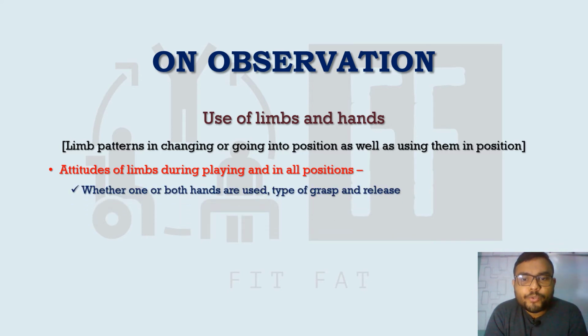Here you need to note whether the child is using one hand or both hands, and if the child is grasping or holding something in their hands, what type of grasp that is, and if the child is releasing that object, how the child does that.